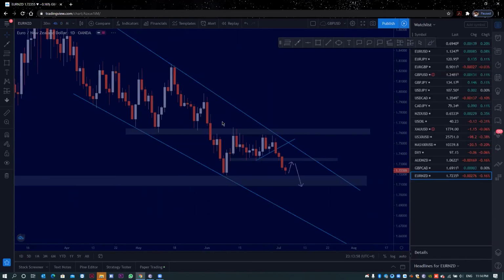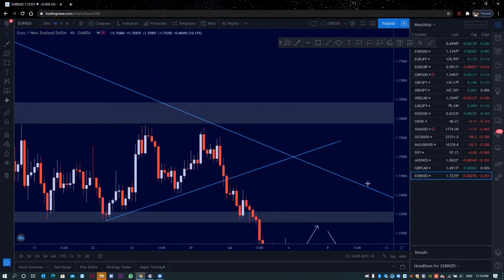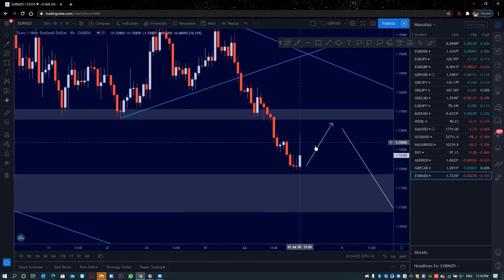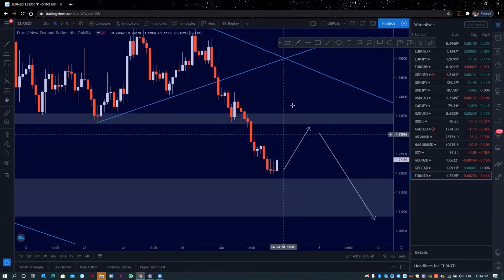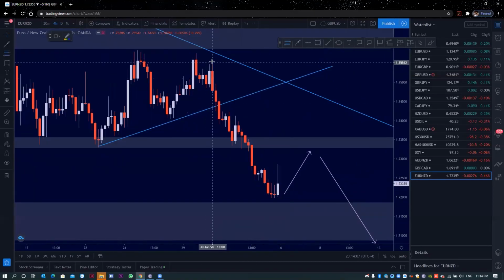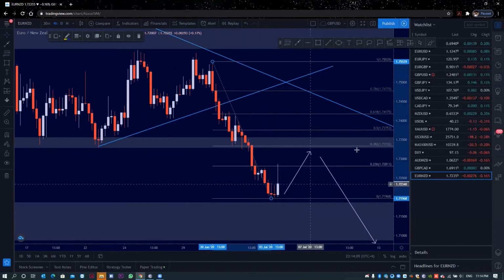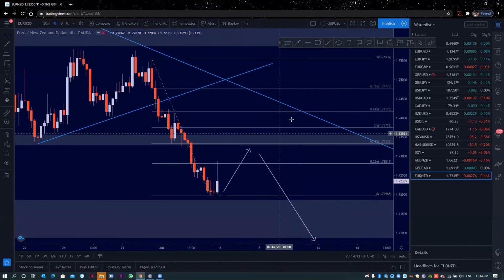So I just check the 4 hour. Okay, I'm not taking an entry here for the buy or the sell. I need to check my Fibonacci levels, my 38%, 50%. They are also under my channel.